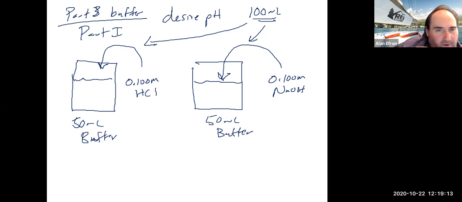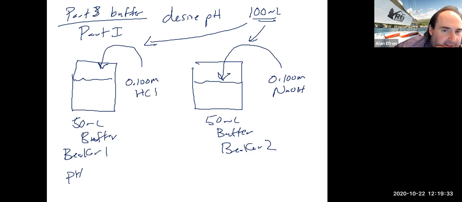Now, we'll call this beaker 1 and this beaker 2. To beaker 1, where you add the HCl, your goal is to make the pH change by 0.15 pH units. So what does that mean?